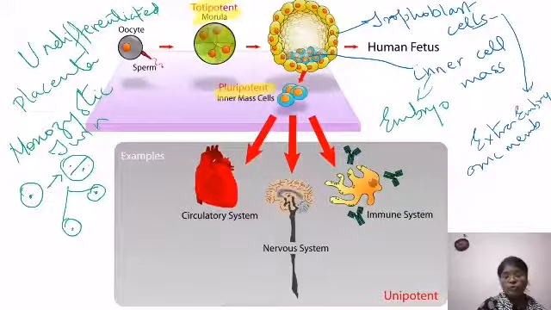Two children will be born, and they will be monozygotic. Look at the word mono. They have been formed by the same zygote.